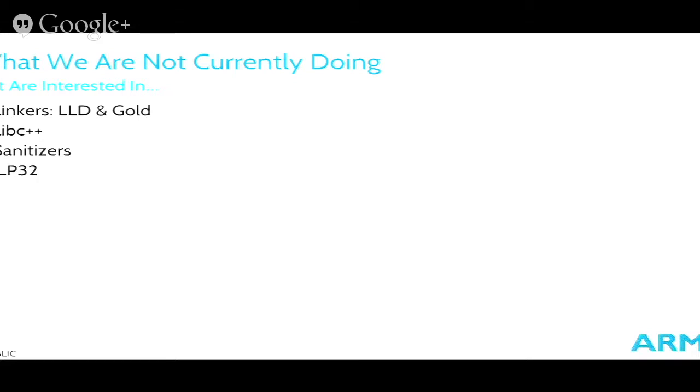Linkers, LLD, Gold, libc++, the sanitizers, which has come up many times already today, and ILP32. Those are areas where we're still limited on resource, and those are things we don't necessarily have the resource to do at the moment.